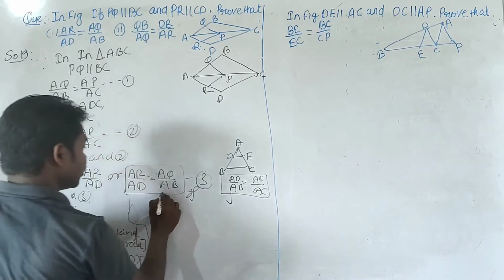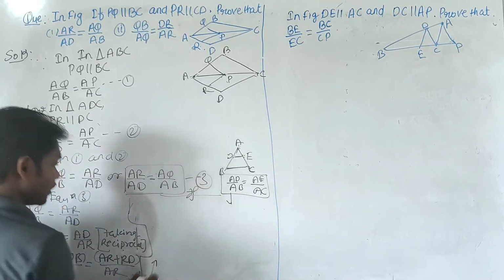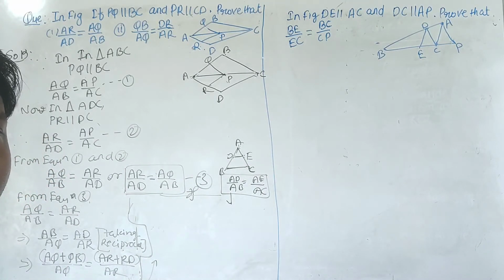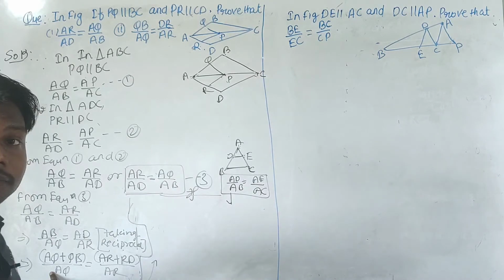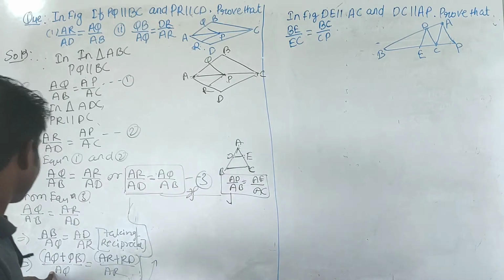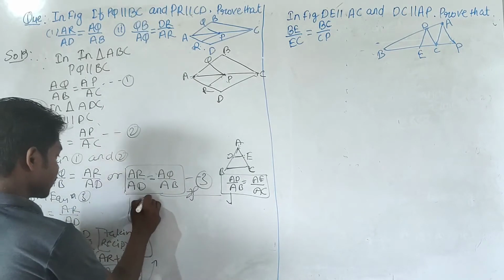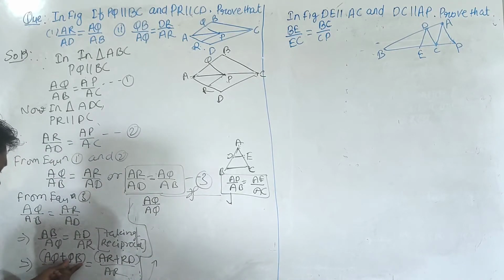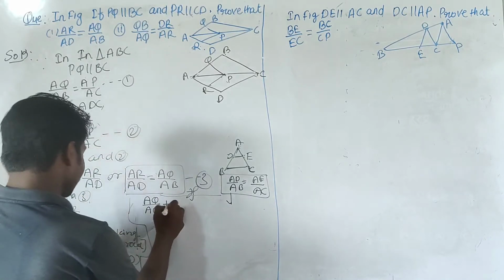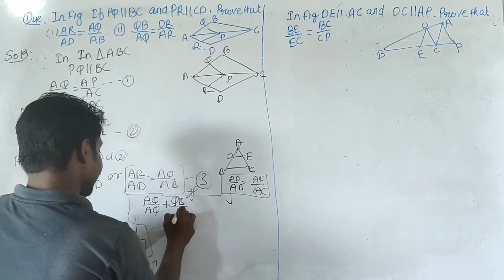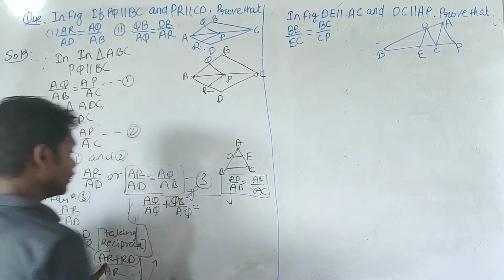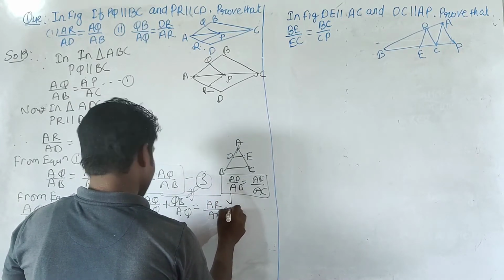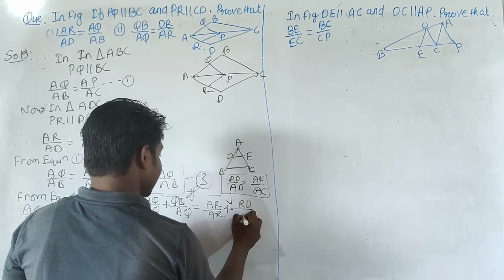Now on further solving, I am solving this right here. This AQ divides both the terms, AQ as well as QB, so AQ by AQ plus QB by AQ, and again it can be written as AR by AR plus RD by AR.